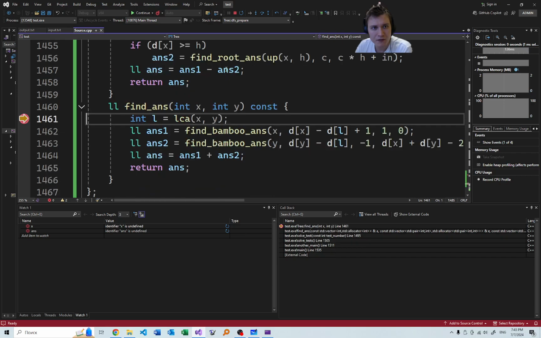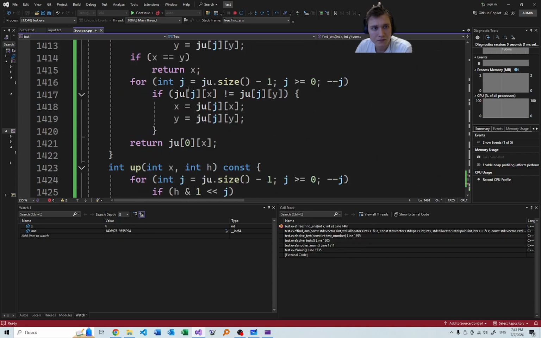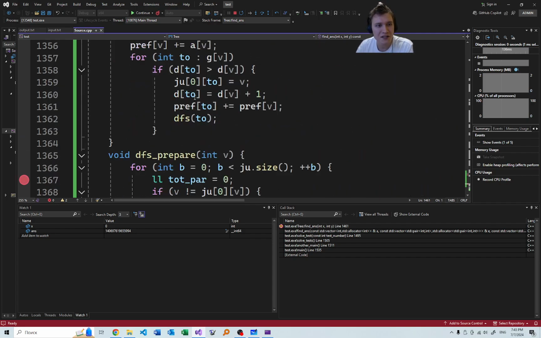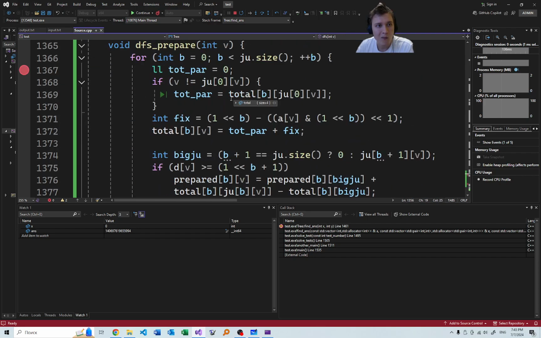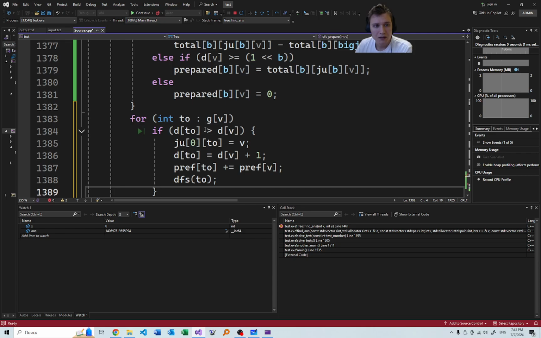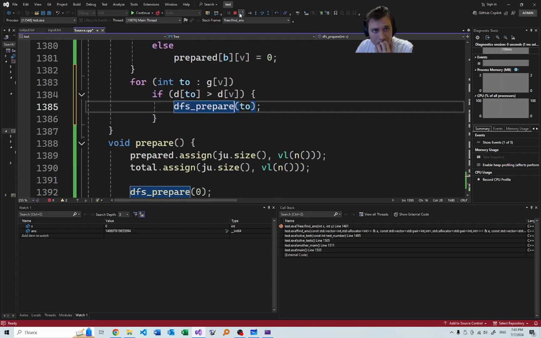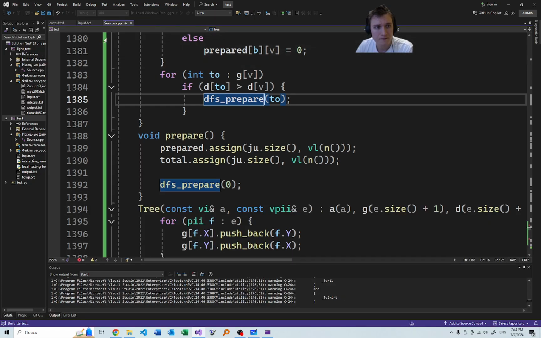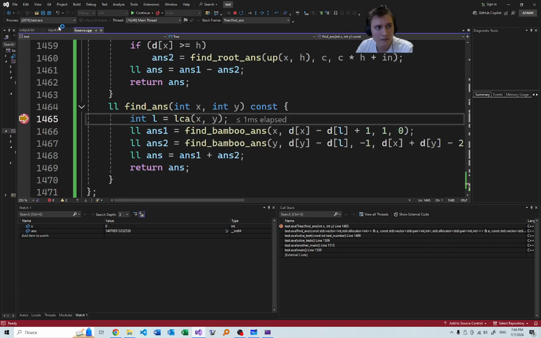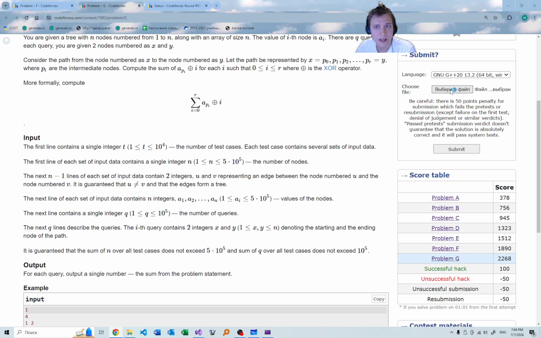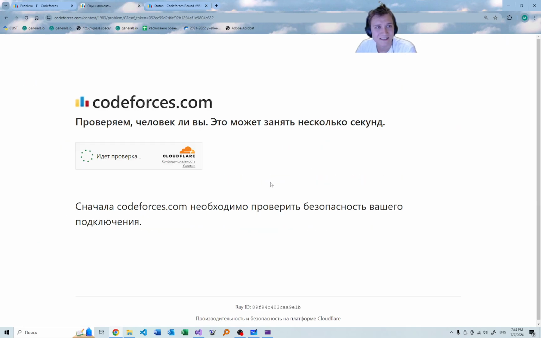For example, for v equals 2. V never equaled... I forgot that I have actually a DFS. Yeah. Okay, of course it is probably not correct, but at least we can submit it.